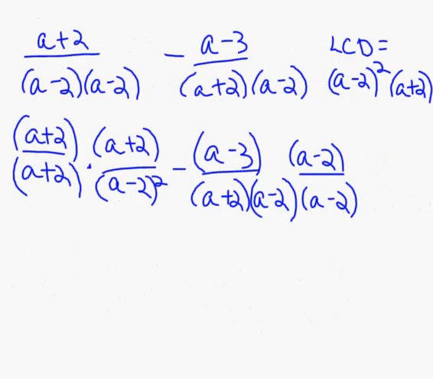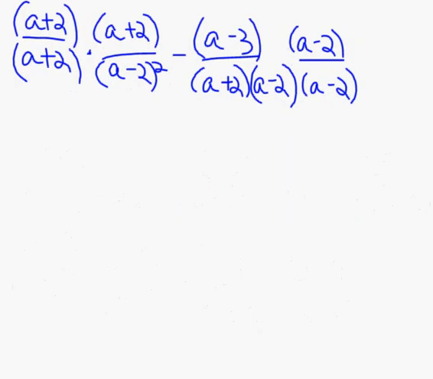So let's extend a little bit here, give us a little bit of space, and now I am going to multiply the numerators. A plus 2 times a plus 2 gives me, I'm going to FOIL that out, that's a squared, outer is plus 2a and inner is plus 2a, so that's plus 4a, and 2 times 2 for last is plus 4. Minus, you notice this time that I'm going ahead and collecting my like terms as I FOIL.